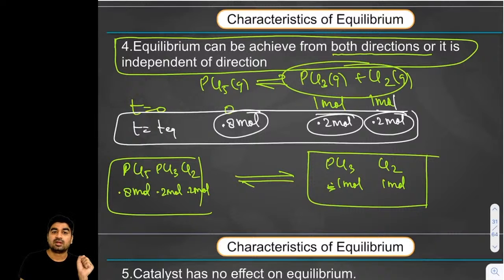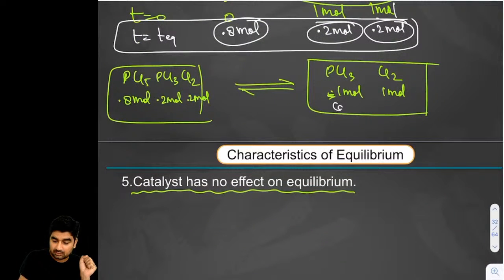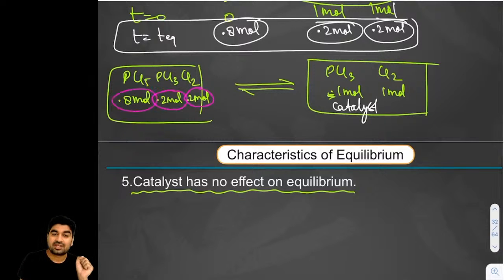So what will happen if I use a catalyst in this reaction? Then, guys, even after using it, equilibrium concentrations will not change. It means here I can say that the catalyst has no effect on the equilibrium.